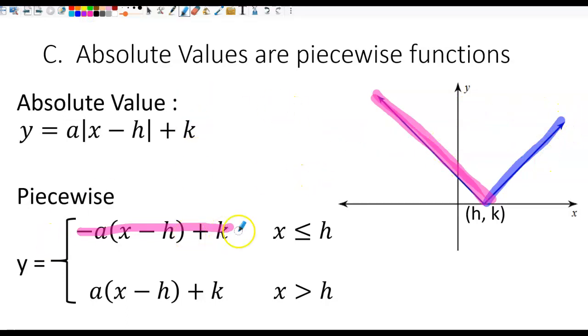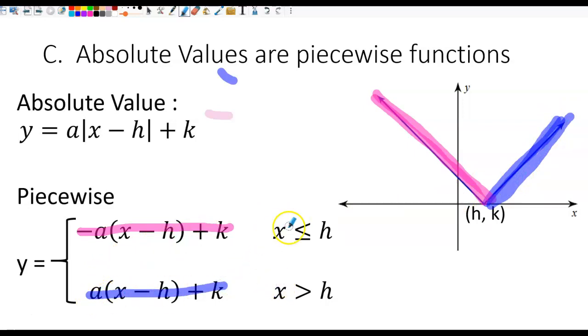I think I said that backwards, that's the one on the left, right? So the one on the left has a negative slope, so that one has a negative. And for the one on the right, that one has a positive slope.